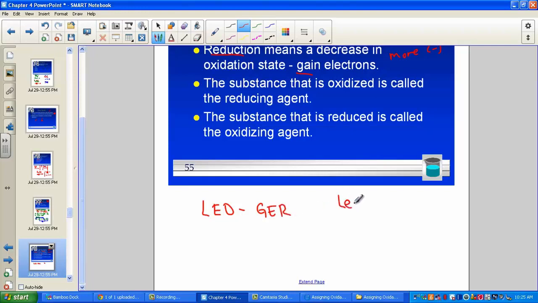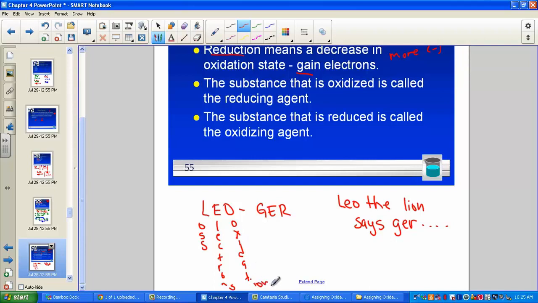There's a funny little sentence: Leo the lion says GER. LEO, loss of electrons, is oxidation. And GER, the gain of electrons, is reduction.